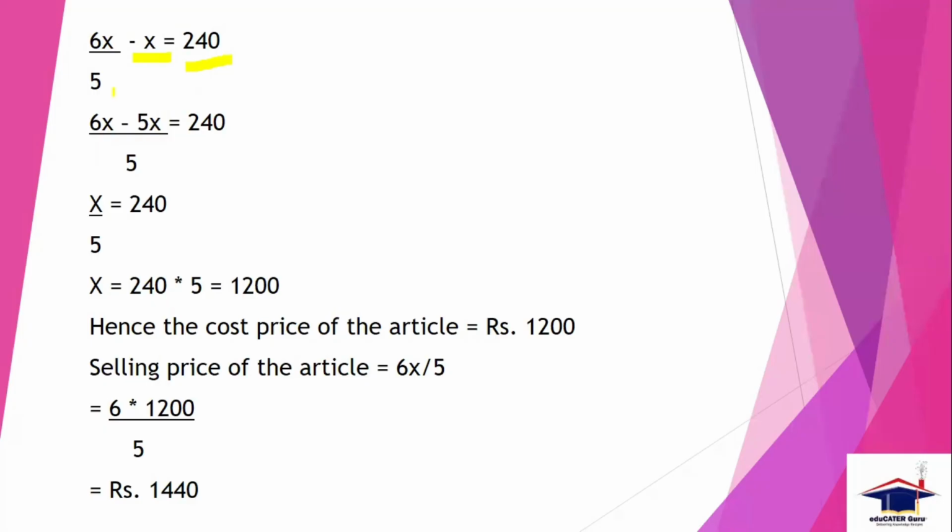Cross multiplying, it becomes 6x minus 5x divided by 5 equals 240. So 6x minus 5x is 1x, equal to 240 into 5, which is 1200. Hence, the cost price of the article is 1200. The selling price is 6x by 5, that is 6 into 1200 by 5, which is 1440. This is the selling price of the article.